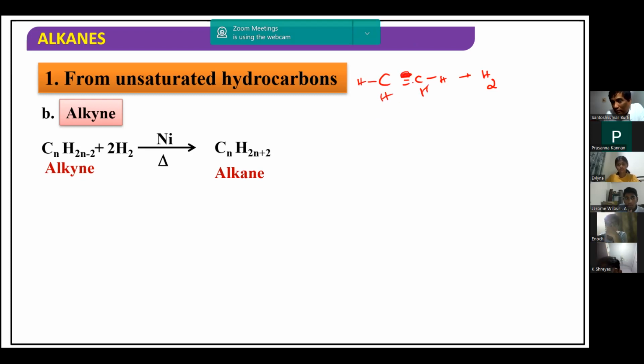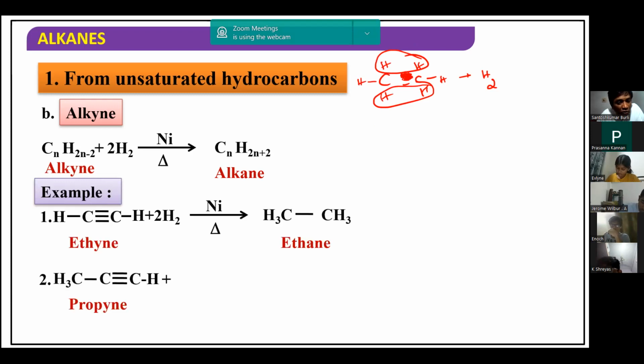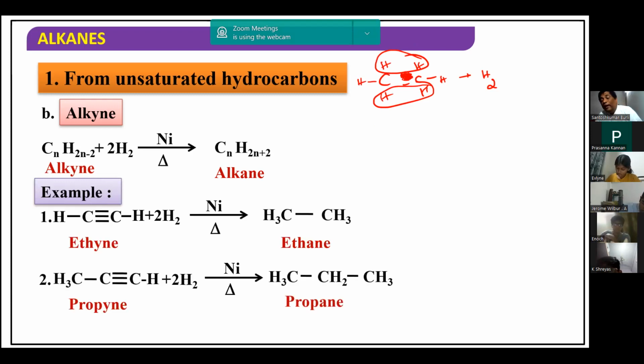I want a single bond between the carbon atoms, which means one more bond has to be replaced with one more hydrogen, right? So overall we should have 2 moles of hydrogen. That's why we need 2 moles of hydrogen for preparing alkanes from alkynes. The triple bond has to be converted into a single bond. So 2 moles of hydrogen are required for converting alkynes into alkanes. Any doubt?